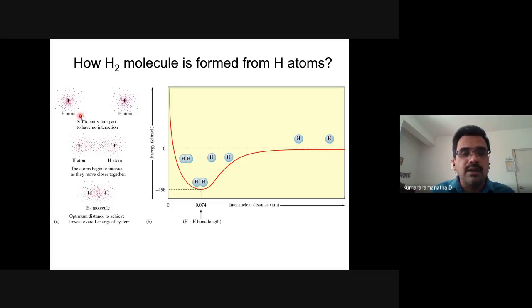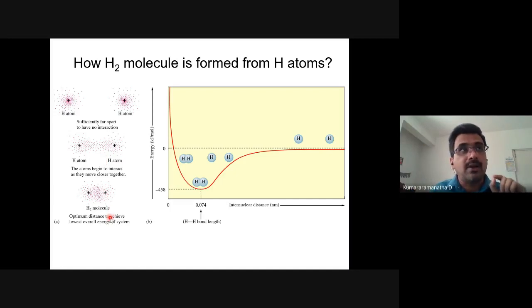Once they start coming nearer, both of them start moving. What happens? There is an electron density overlap or slight electron repulsion. The electron density here will try to interact with the nucleus of one atom and vice versa. So you see such interactions when they are coming closer.